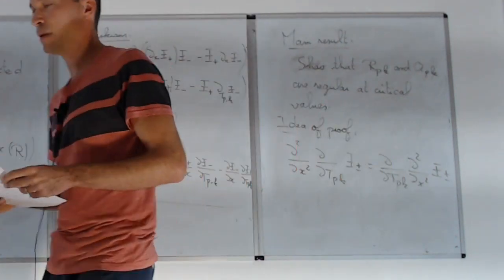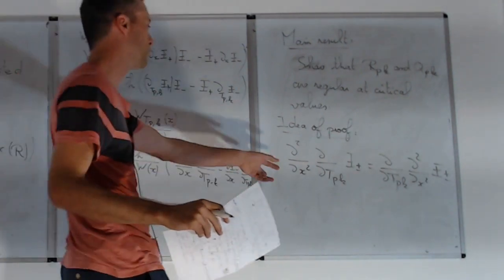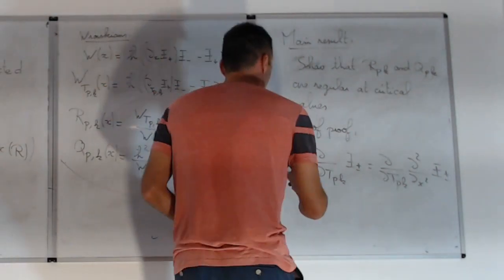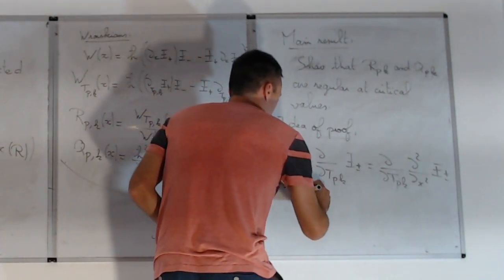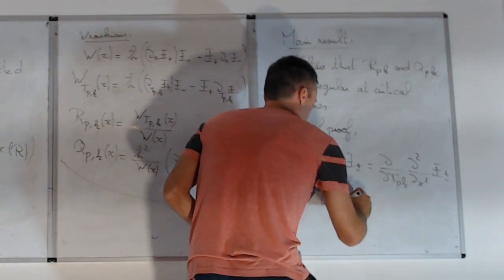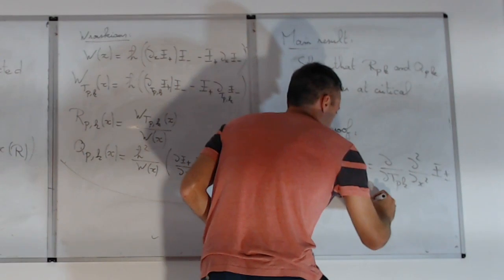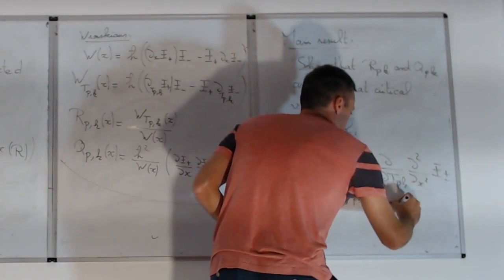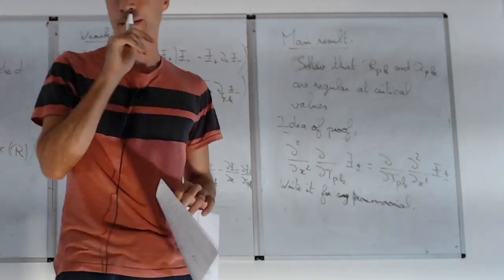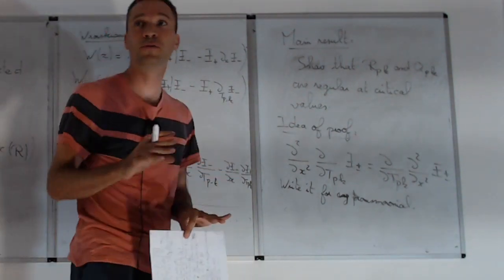So you write down that this equality is true, so the second derivative in x times, well, you can just exchange time derivative and x derivative, and you write it for any transmonomial. Okay. And this gives you a series of equations. And at leading order, you first obtain something.